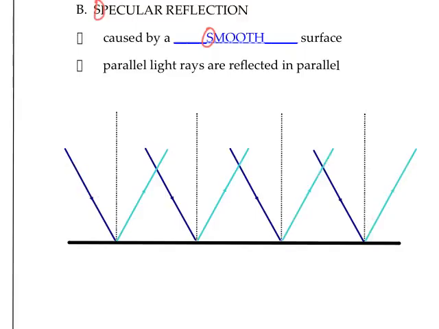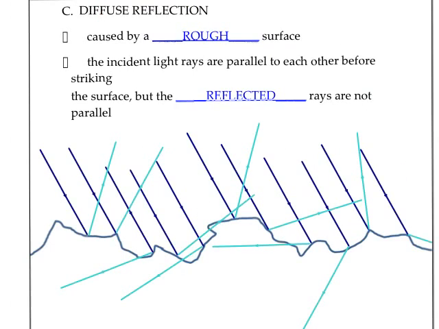So the incident light rays are definitely parallel to each other. And because we have this flat surface, the reflected rays, which are my lighter green ones, are going to reflect in parallel with each other as well.